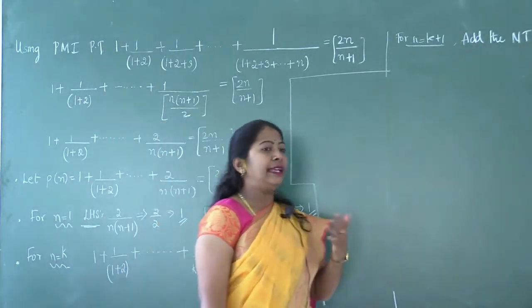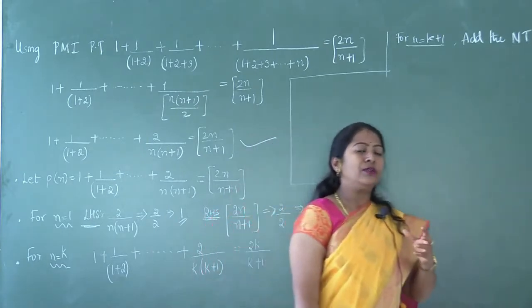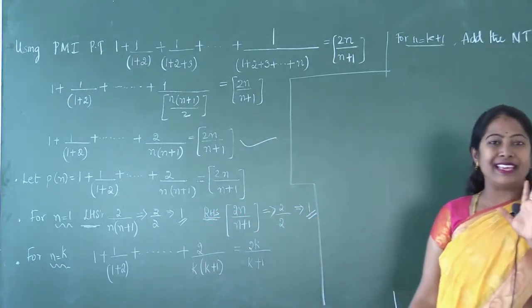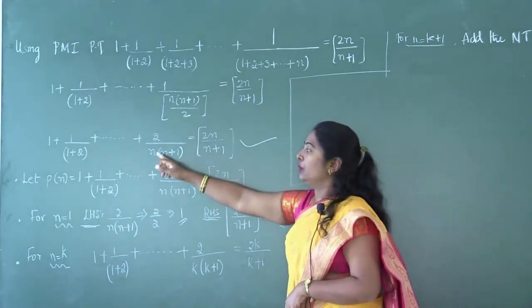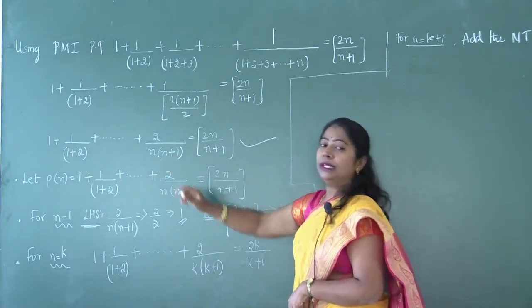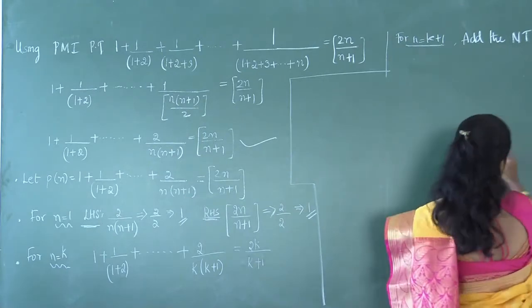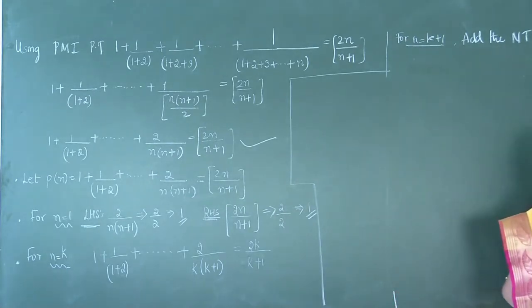Now, to find the next term, you need to consider the last term, that is the nth term of the LHS. What is the nth term of the LHS here? 2 divided by n into n plus 1.